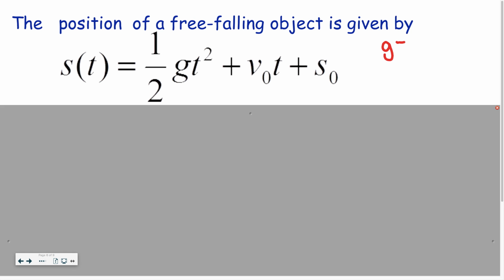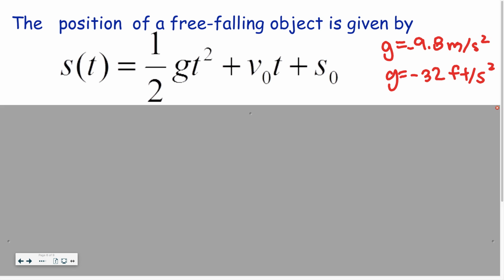G is either going to be negative 9.8 meters per second squared, or negative 32 feet per second squared. You're actually going to see that more often.